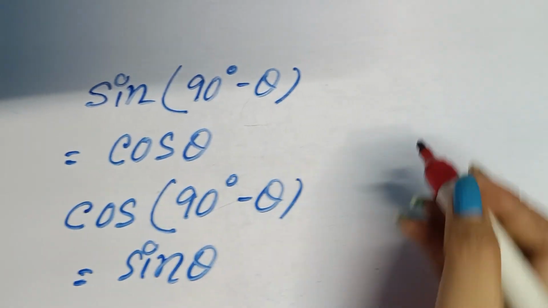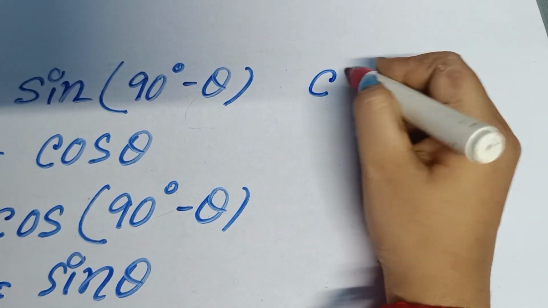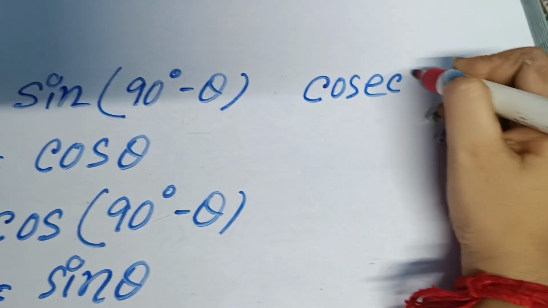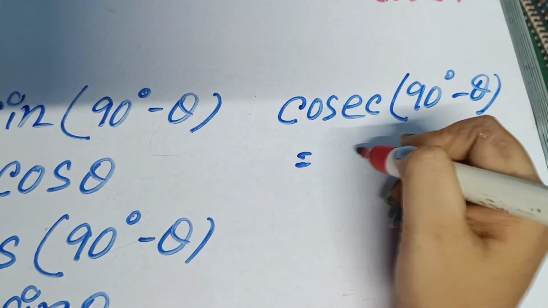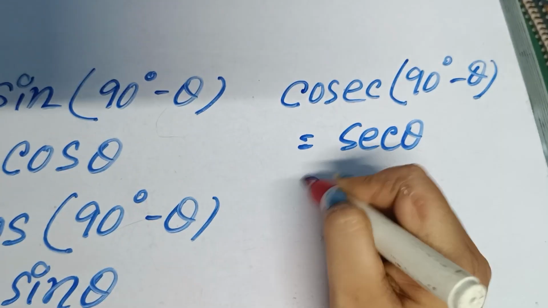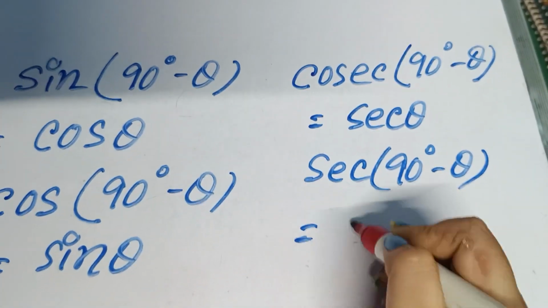Again the same for cosec and sec: cosec(90 degree minus theta) is sec theta, and sec(90 degree minus theta) is equal to cosec theta.